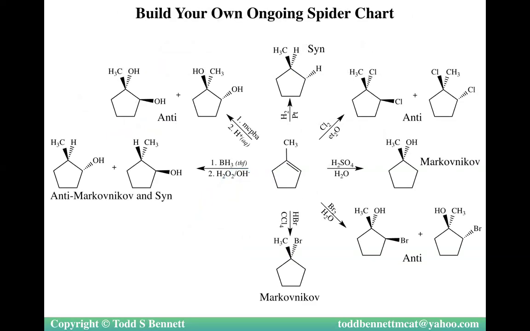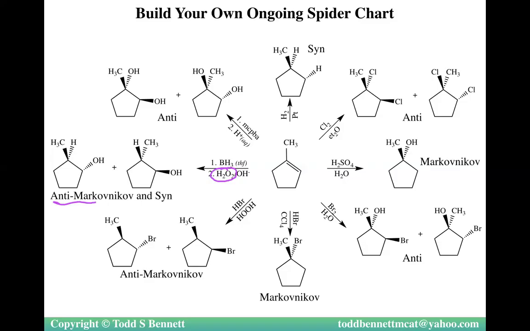Spider chart is about to be complete. We have one more to add in here, HBr with peroxide. So I want to make just an overview of what's going on in these reactions. Anytime you see peroxide here, it's anti-Markovnikov. Here, anti-Markovnikov. And then the other time we use a peroxy acid, there's no anti-Markovnikov compound to speak of because you're getting two of the same group on there.